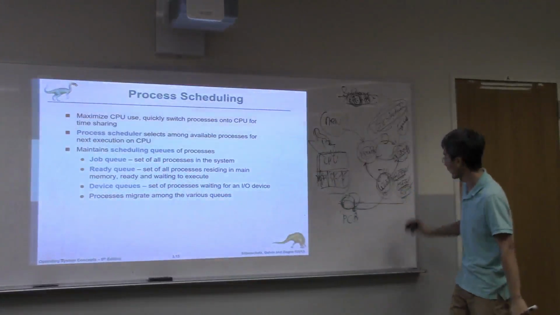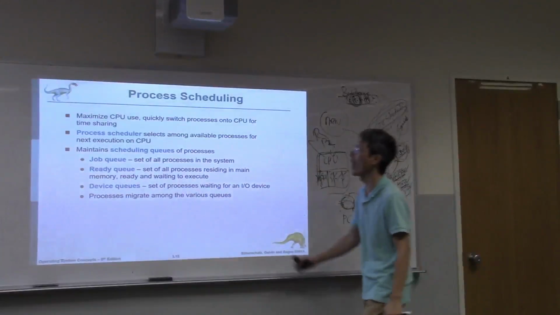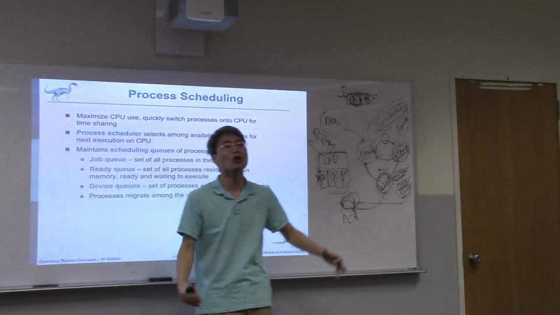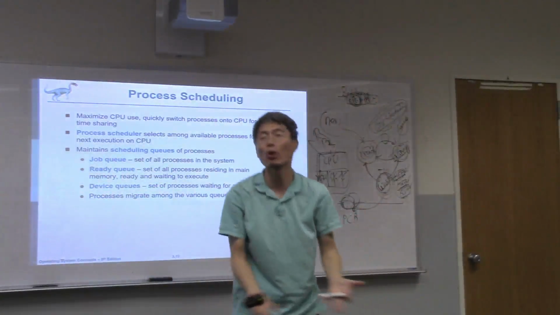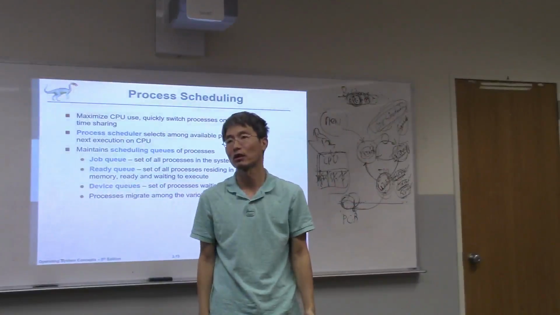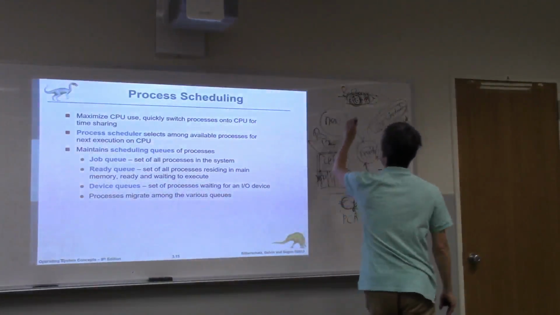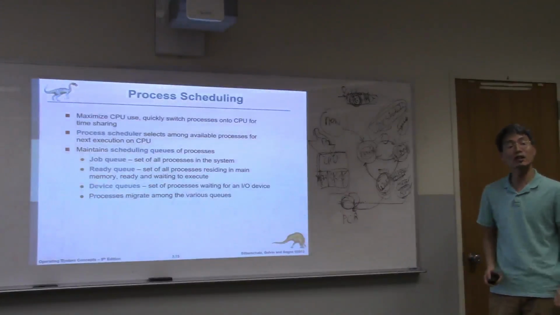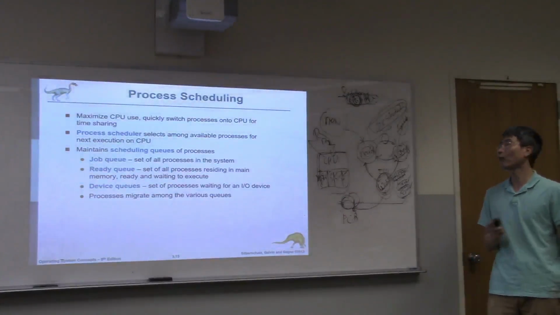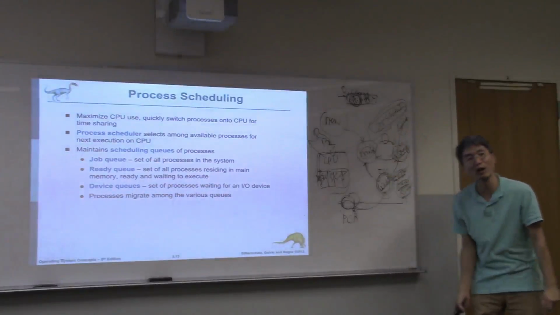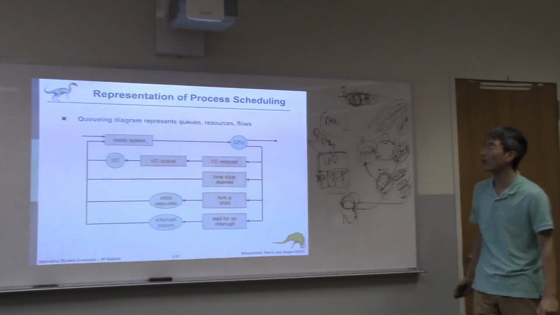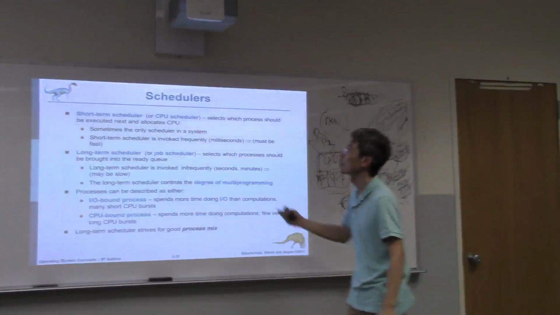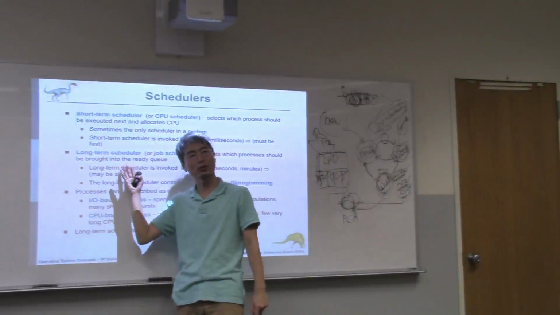The ready queue, and for each device we also have a queue, and the job queue, which considers the entire set of processes in your system. Only the process that is selected can access the ready queue. So we can classify such scheduling algorithms into two parts: the short-term scheduler and the long-term scheduler.